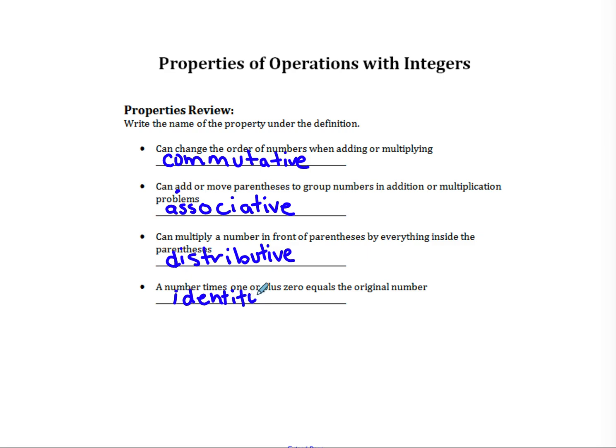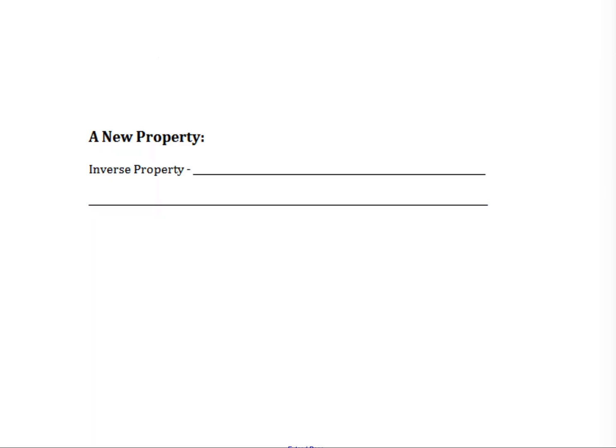Those are all properties that you should have heard of before. We have a new one today that we're going to add to that list that you haven't heard before, and it's called the inverse property. And with addition, which is where we're going to look at our inverse property here, a number and its opposite. Actually, I'm going to change the word and to the word plus. It's a better way to describe it.